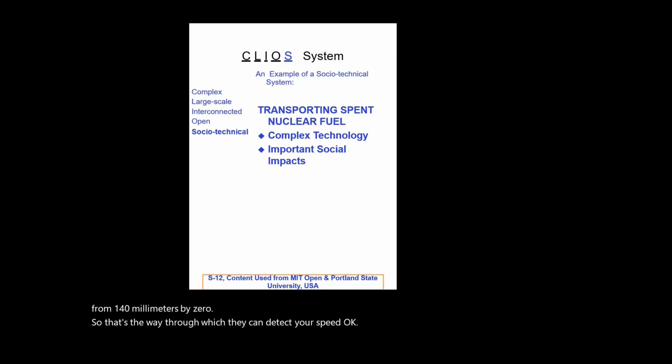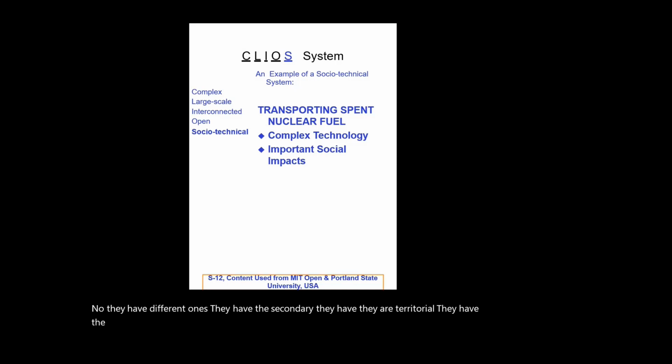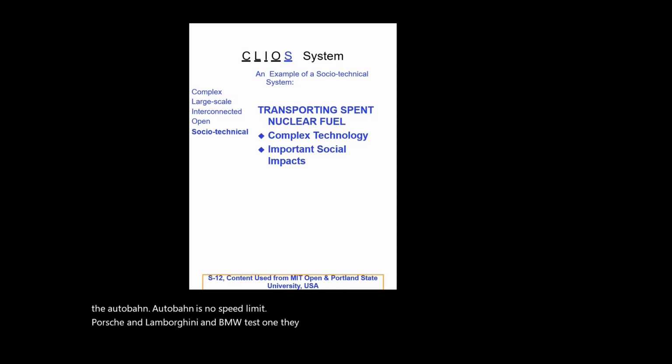Okay, so motorways, usually on the motorways. No, they have different ones. They have the secondary, they have the territorial, they have the autobahns. Autobahn has no speed limit. The Porsche and Lamborghini and BMW, the latest ones, have a speed of 340 kilometers per hour. Autobahn, you can search it today.